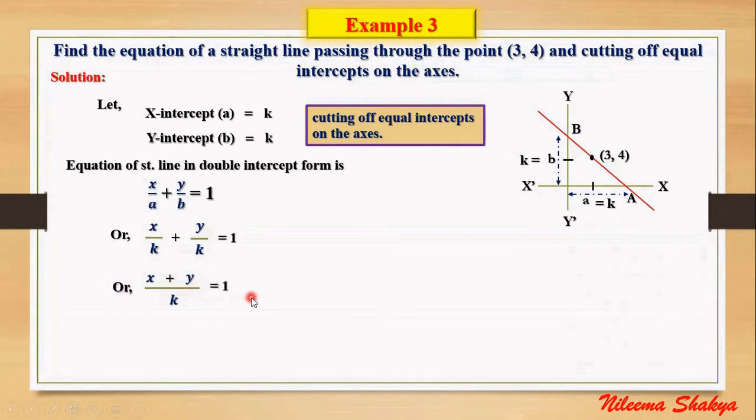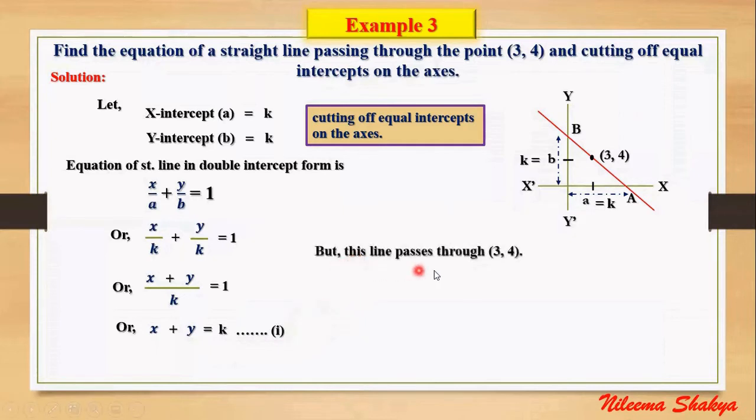The right hand side is equal to 1. Again, on simplifying, the denominator k will go to the right hand side to multiply with 1, so we have k. Let's suppose this equation as equation number 1.